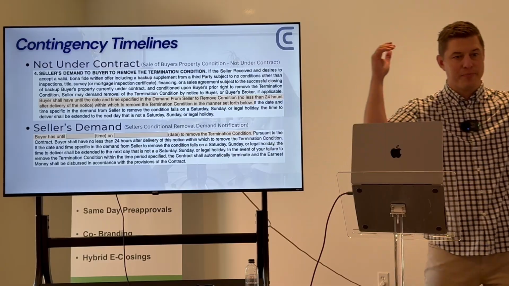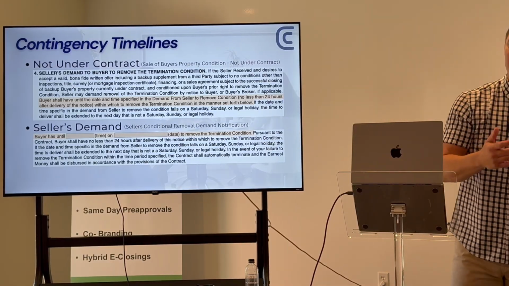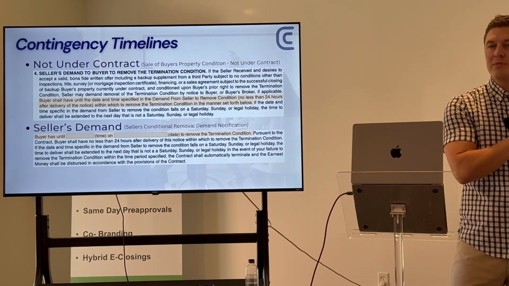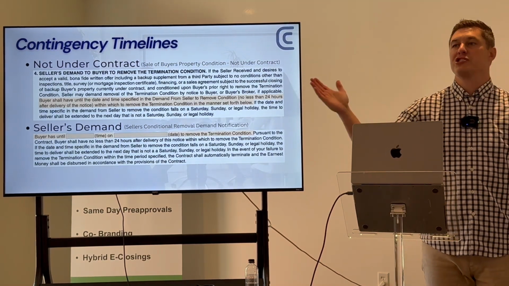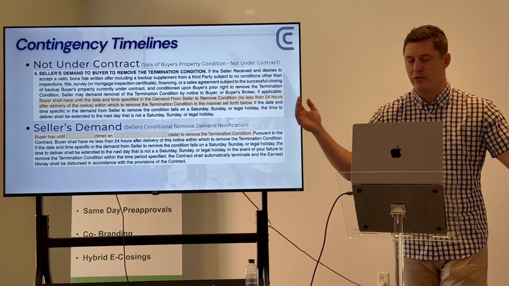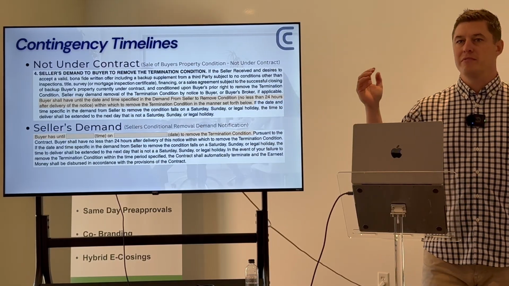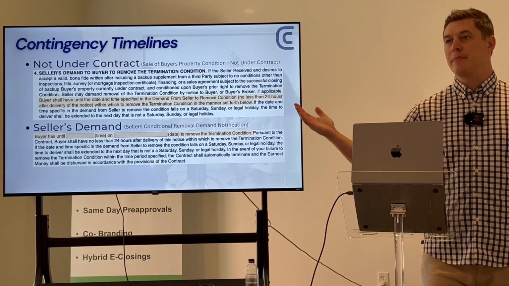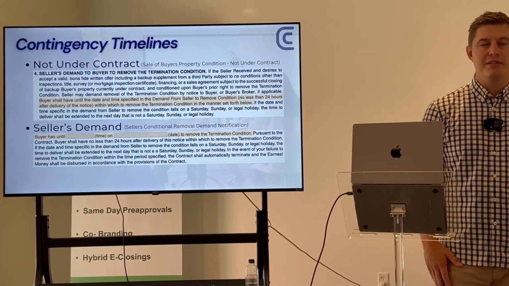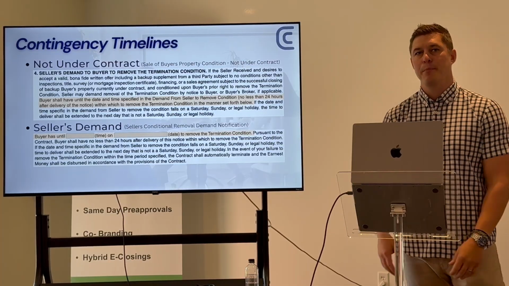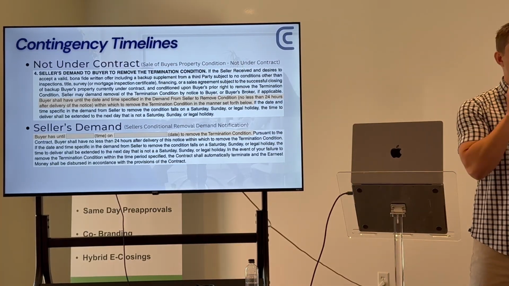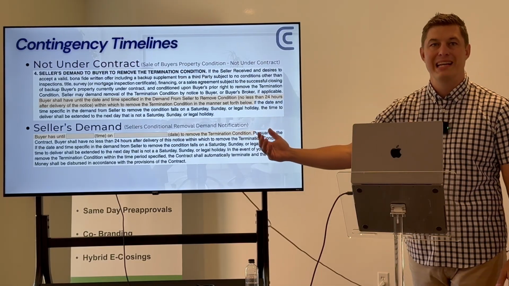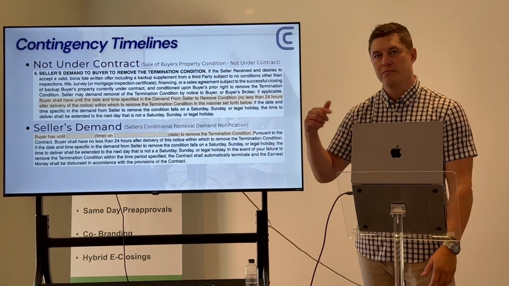So if you have 50 grand in equity and you only need 20 grand for your down payment, you can get a line of credit on your existing home, as long as you financially qualify for both. Tim had a client with a bunch of equity who took a line of credit against it for the down payment, bought the home, and it's easier, cheaper and faster than a bridge loan.